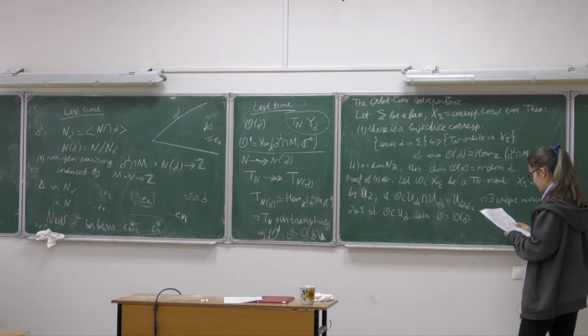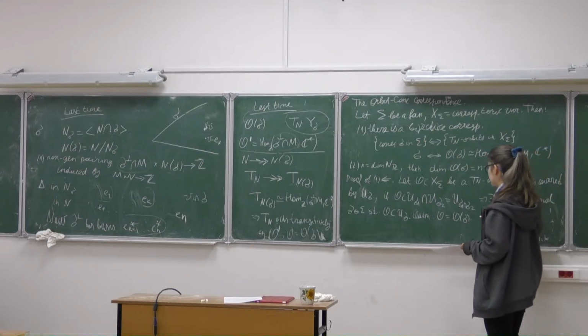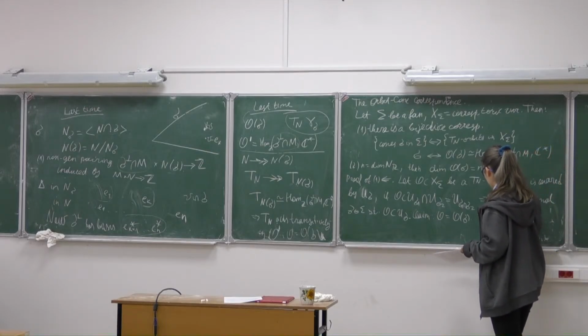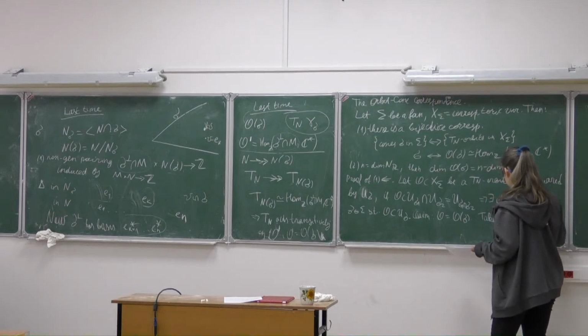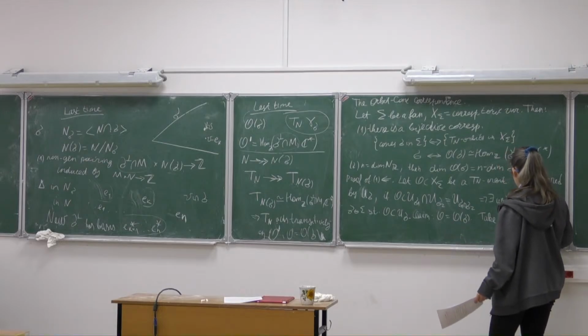Now, for this, we take a point gamma in this orbit.